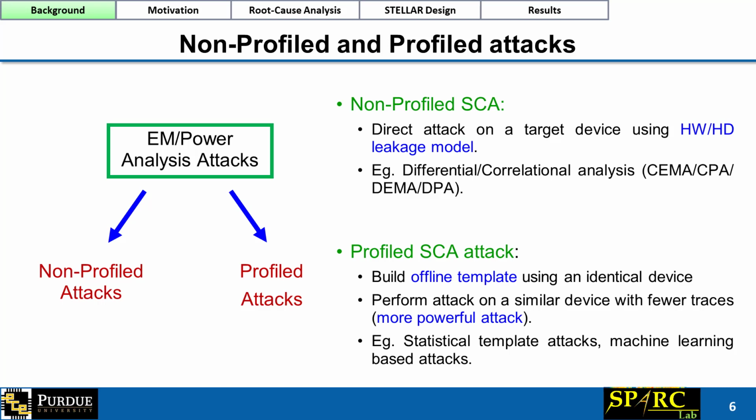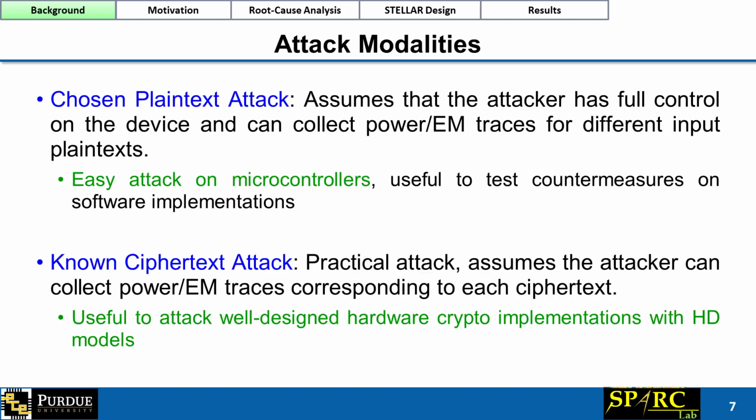On the other hand, profiling attacks involve a profiling phase and an attack phase, and is a more powerful attack. In this work, we mostly focus on the non-profiled attacks, although the analysis remains equally valid for profiled attacks as well. The attack modalities include chosen plaintext and known ciphertext attacks.